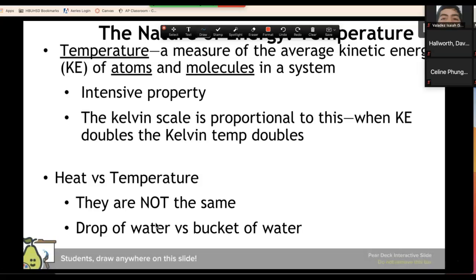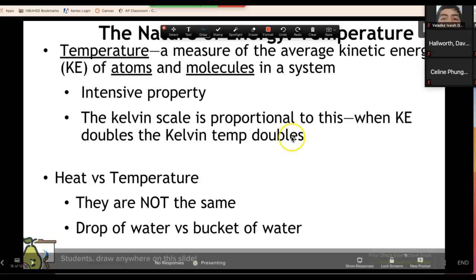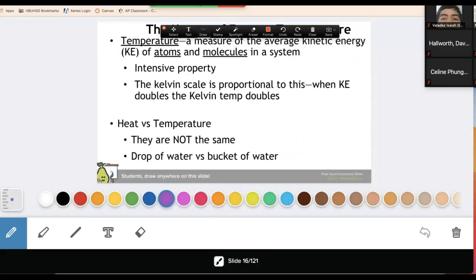So here's my best example, well, not my best, but it's a great example of how to think of them separately. If I take an entire 50-gallon bucket of water, and I get it to boil. Do you guys remember what temperature water boils at? 100 degrees Celsius.